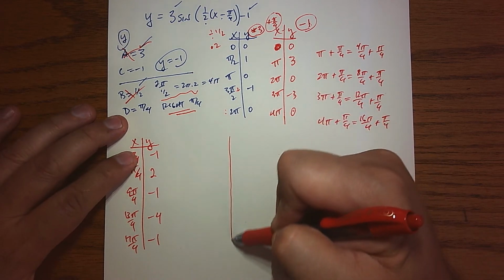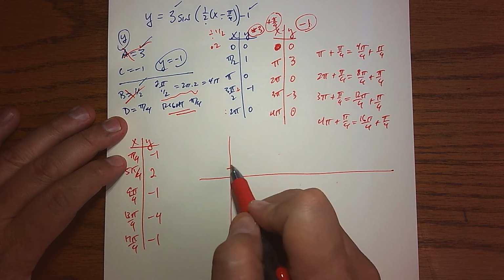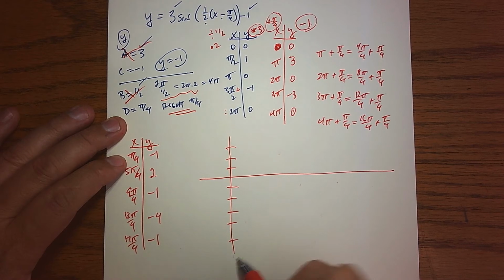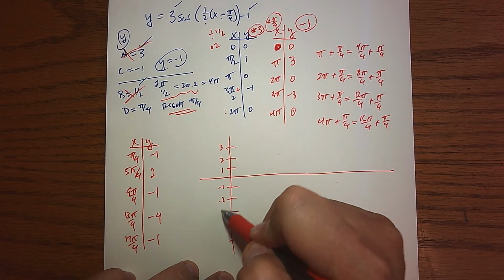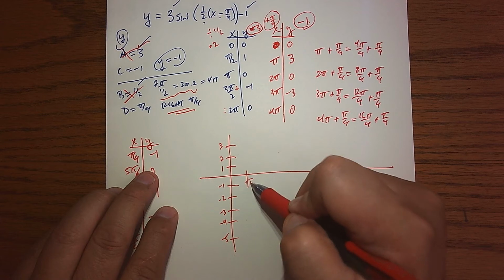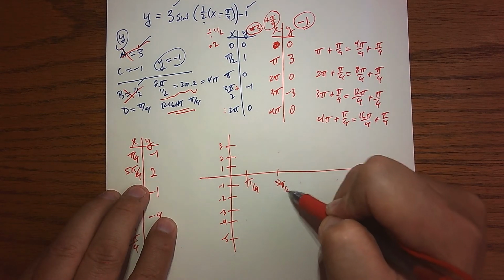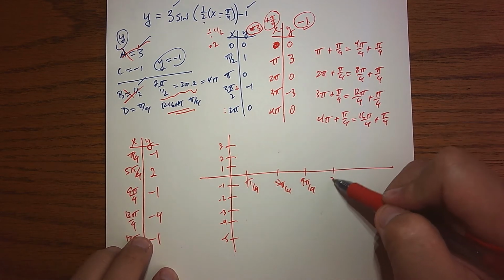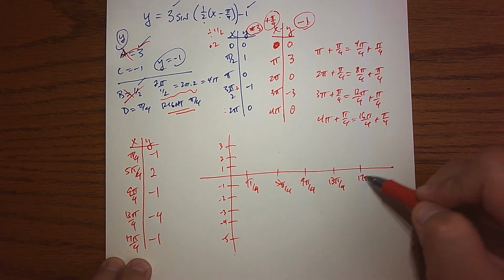Coming to our grid, we've got 1, 2, 3, and 1, 2, 3, 4, 5. There's our scale for the y-axis. For the x-axis, we're coming out to pi over 4, then 5 pi over 4, then 9 pi over 4, then 13 pi over 4, and finishing at 17 pi over 4.